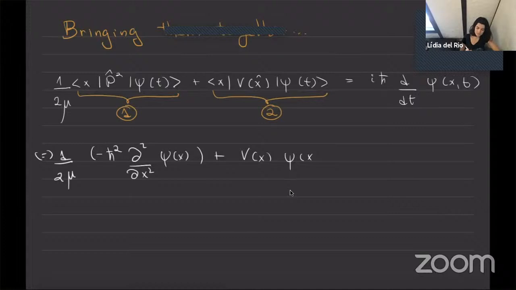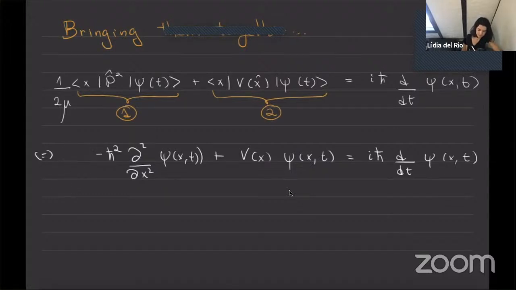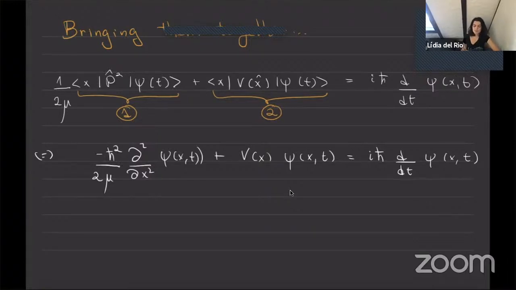And now maybe it's better to make the time dependence explicit: x and t equals i h bar d dt psi of x and t. So let's just simplify here on the left. Now this is the Schrödinger equation for the wave function in general.